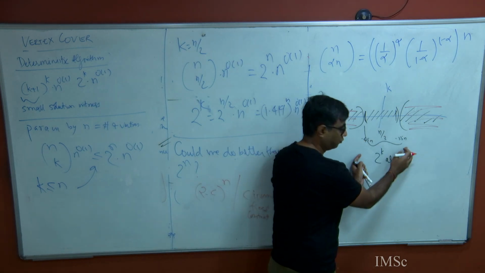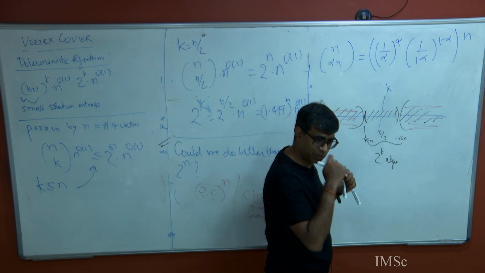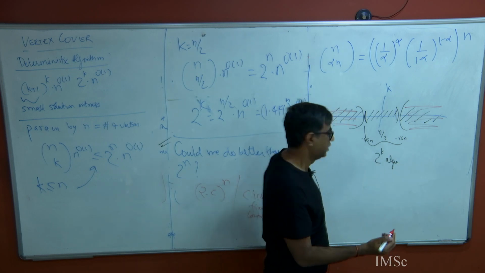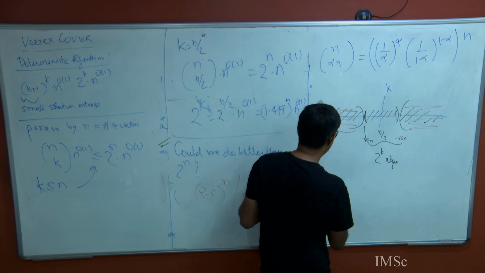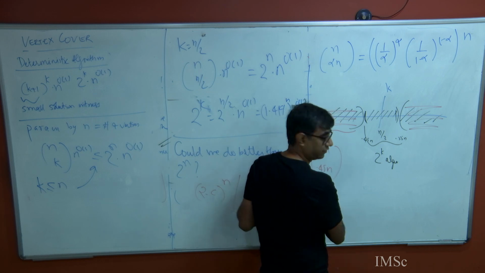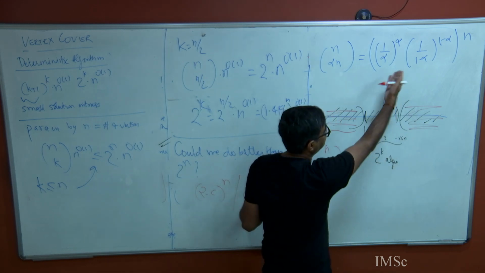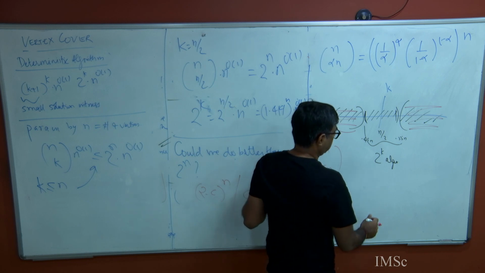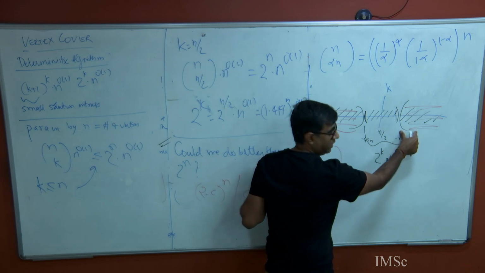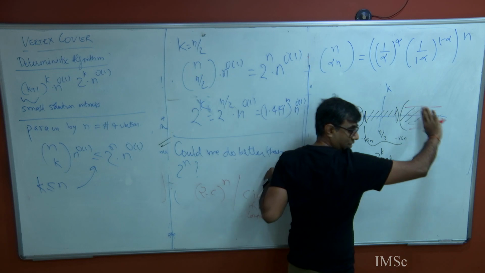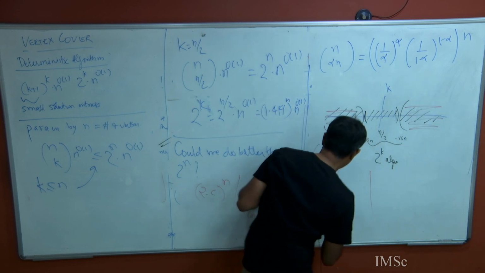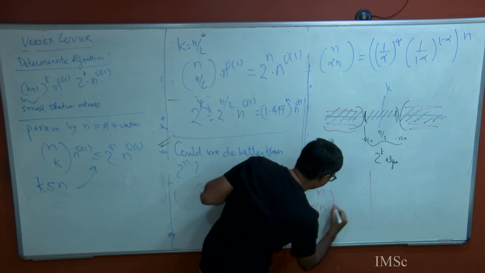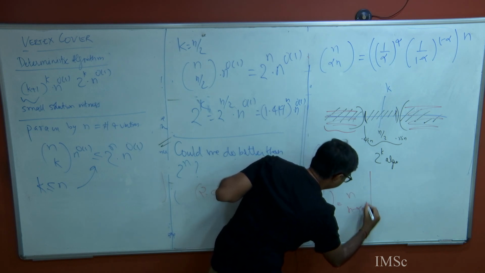For example, just do the maths now with a calculator. Look at this: what is n choose 0.45 n? I guarantee you this is less than 2 power n. Just do this computation. And it only decreases, because n choose alpha n is also equal to n choose n minus alpha n.